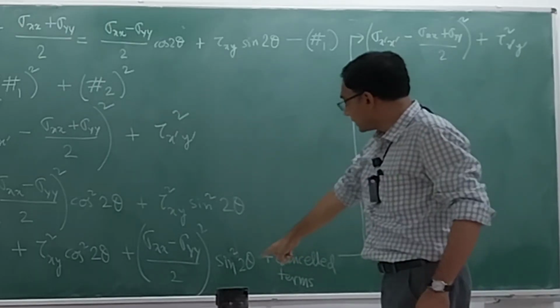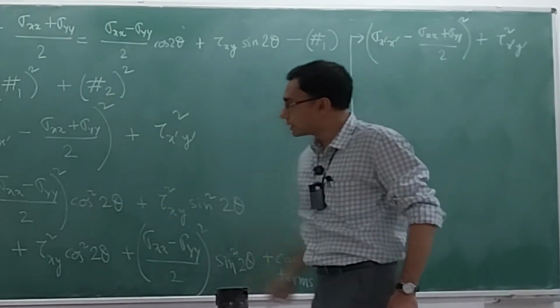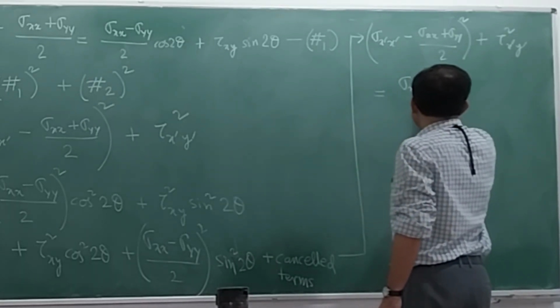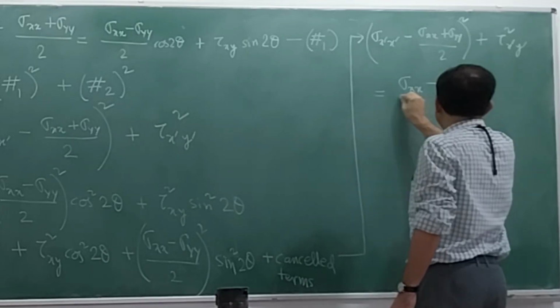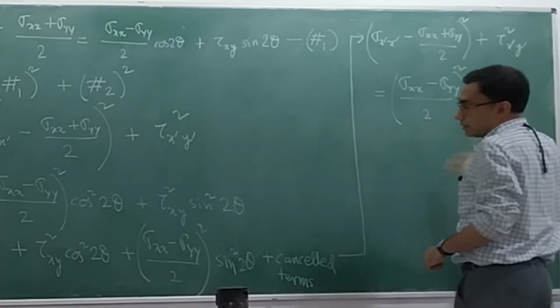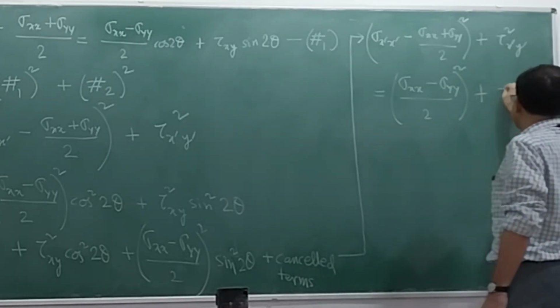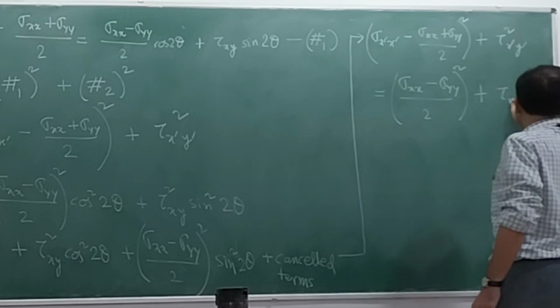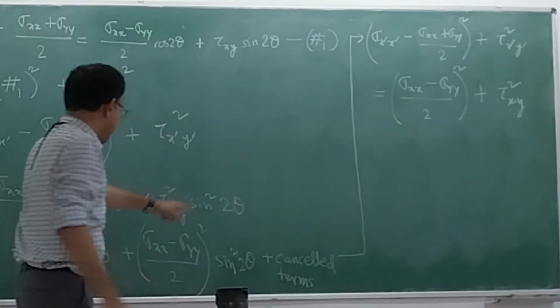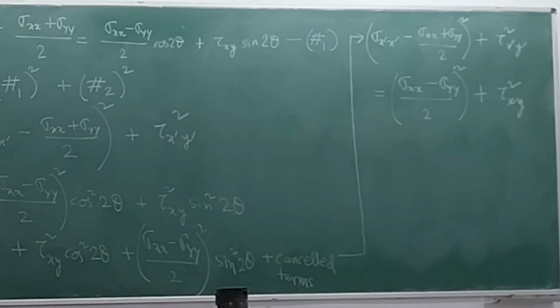You see, this is sine square 2 theta plus cos square 2 theta. So this is basically just ((sigma xx minus sigma yy)/2) whole square plus tau xy square.